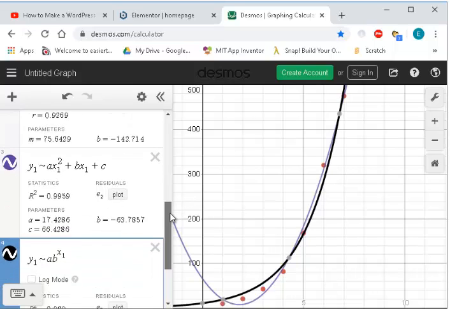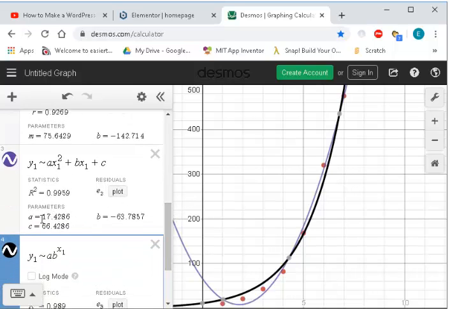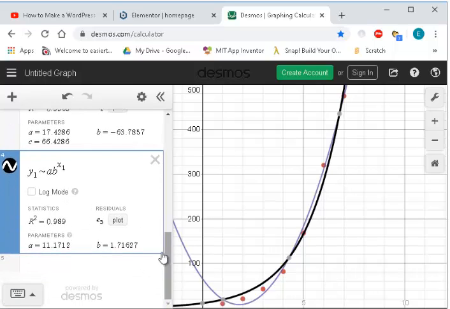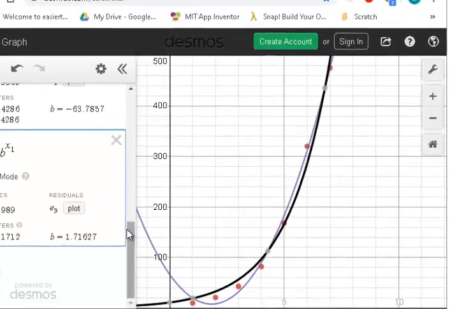For quadratic, a is 17.4, b is negative 63.8, and c is 66.4. And for exponential, a is 11.2 and b is 1.7. We need these values.